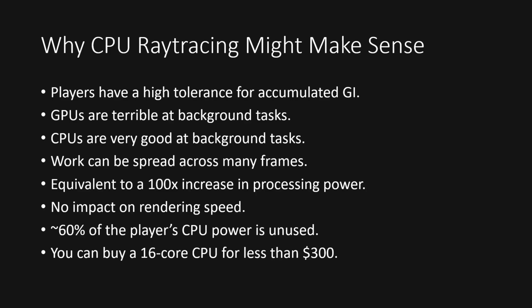What we've seen is people have a pretty high tolerance for accumulated GI. Every single real-time ray tracing routine out there, including NVIDIA's own stuff like Portal and Quake, uses accumulation.